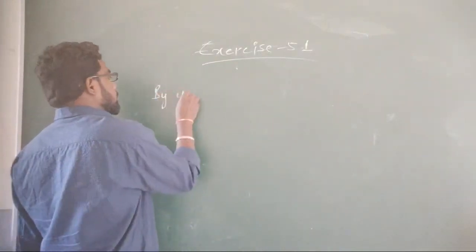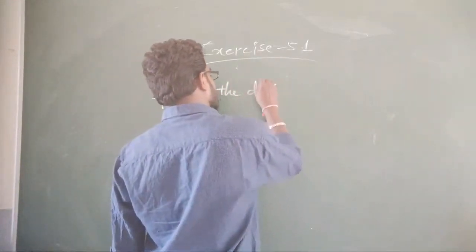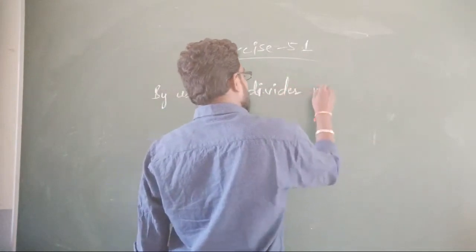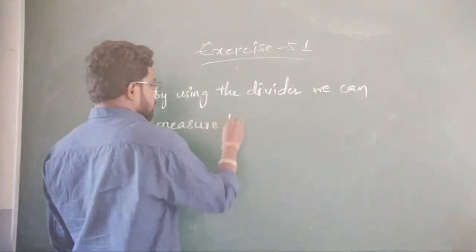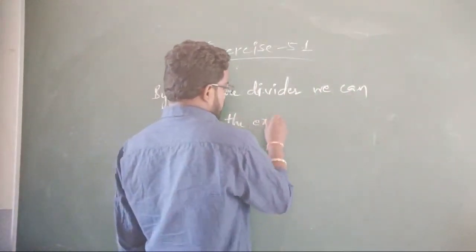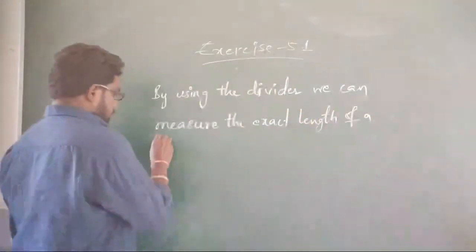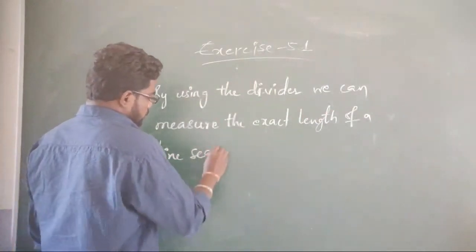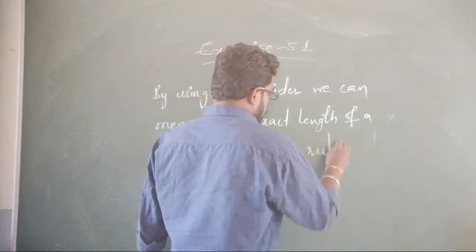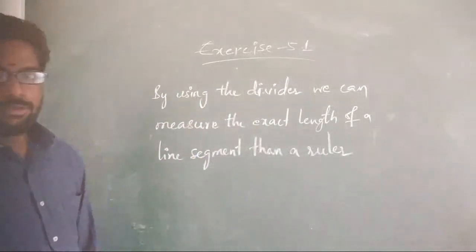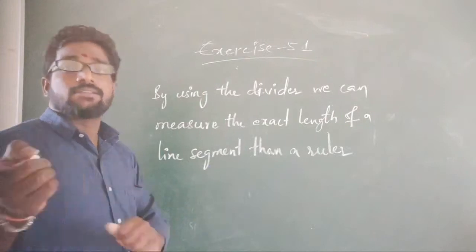By using the divider, we can measure the exact length of a line segment, better than a ruler. That's it, simple. You can measure the exact length of the line segment, better than the ruler.